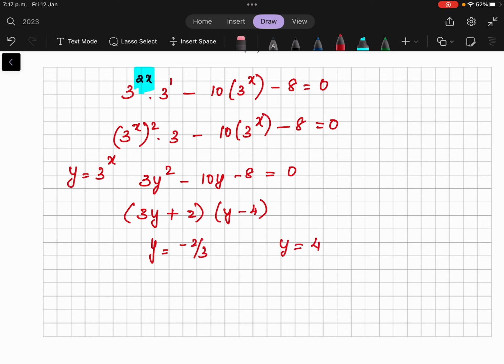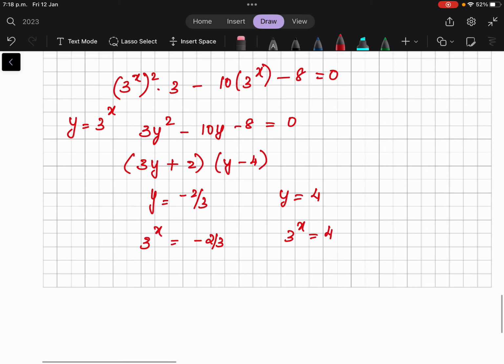Then y can be substituted: 3 to the power of x is equal to minus 2 over 3, and 3 to the power of x is equal to 4. The negative one is not a valid one. So then you can find the value of x as 1.26. Okay, it's another simple question which you can answer if it comes in the exam.